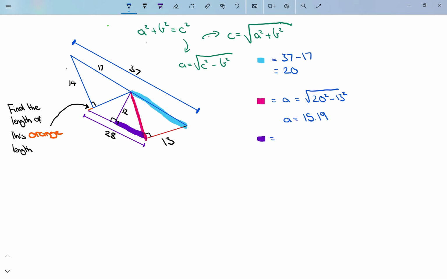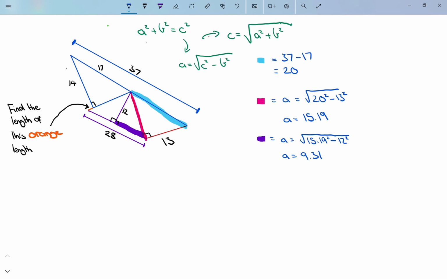And again, it's going to be one of the shorter sides of the triangle, so we just use that formula of a equals the square root of c squared minus b squared. So here that c is going to be the length of that pink length we've highlighted, so 15.19 squared minus 12 squared. Okay, plug that into your calculator and you will get a equals 9.31.